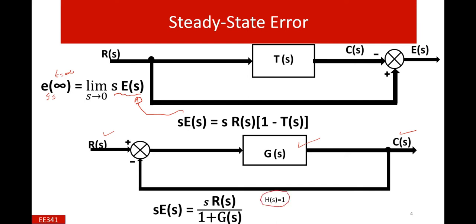Our consideration is unity feedback. If there is no unity feedback, then we can take the value of the transfer function and find the steady state error in this format. If we put these values in this relation in the definition of steady state error, which is the time domain discussion, we can find the steady state error by using this relation.